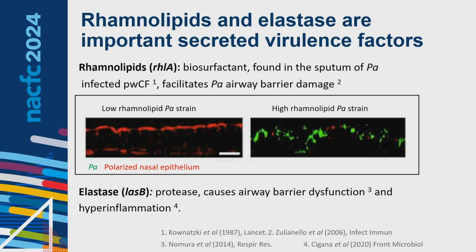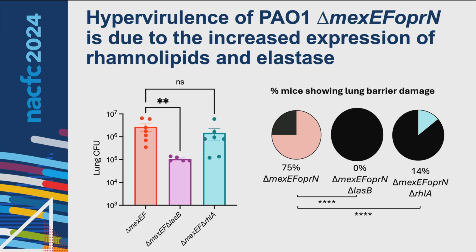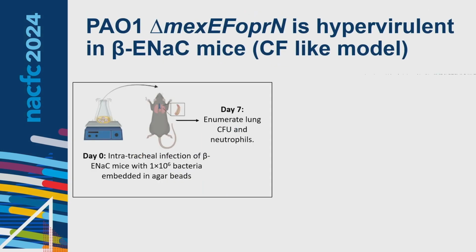To test the roles of these two virulence factors, we made knockouts of LASB and RHLA in the mutant background. We observed that while LASB was also involved in the colonization of the lung, abrogating either LASB or RHLA expression reduced lung barrier damage. Now, all this data has been accumulated from acute infections in wild-type mice, but what about CF models?